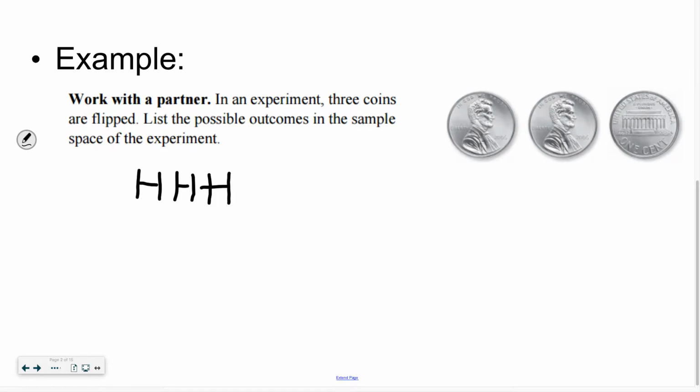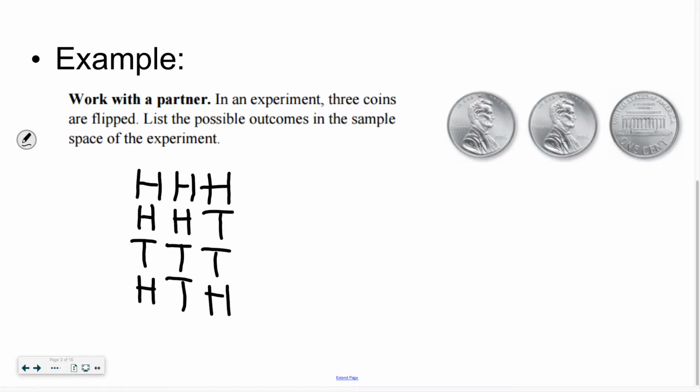Okay, let's come together and list some. So you can just one at a time, somebody shout one out and I'll write it up. Heads, heads, tails. Tail, tail, tail. Heads, tail, heads. Tail, heads, tail.